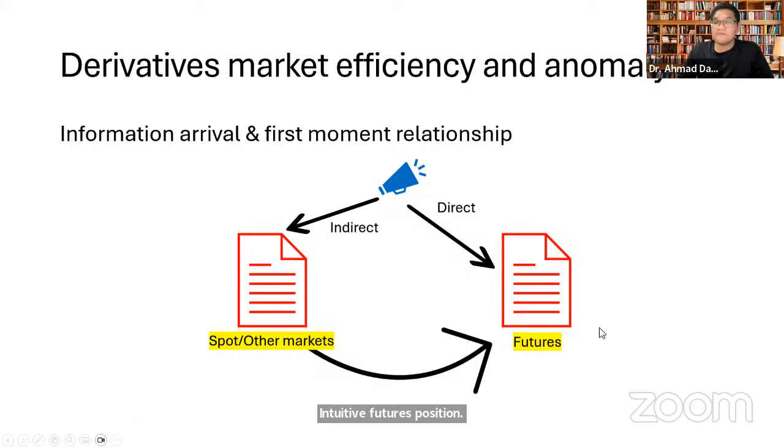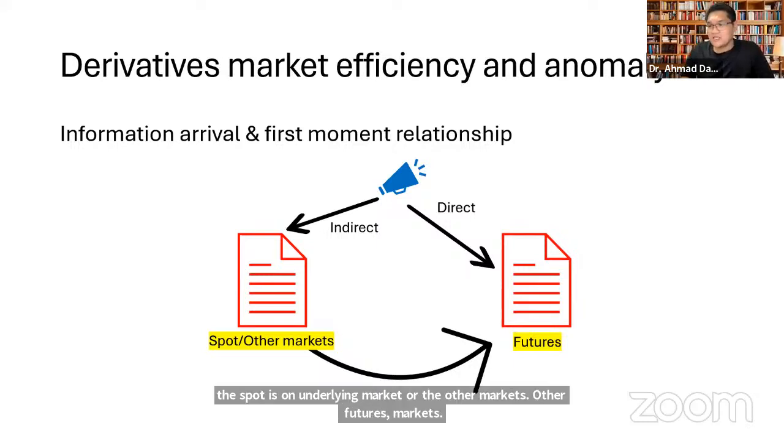After that you will see the futures market fluctuate. So there is indirect, and there is direct. You have to know where the futures contract gets its impact from, either from its own underlying market or from other futures markets.